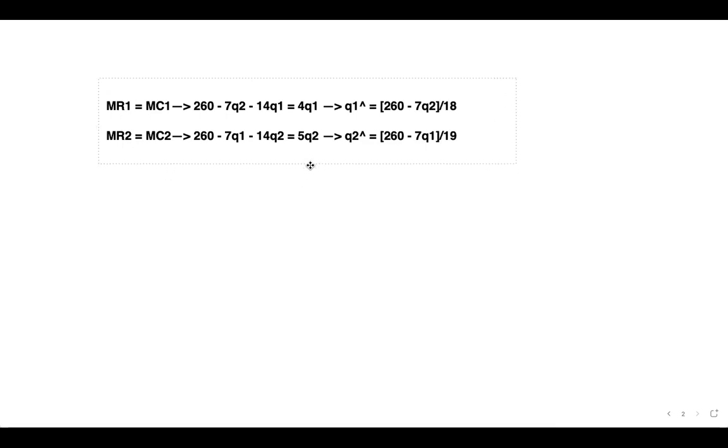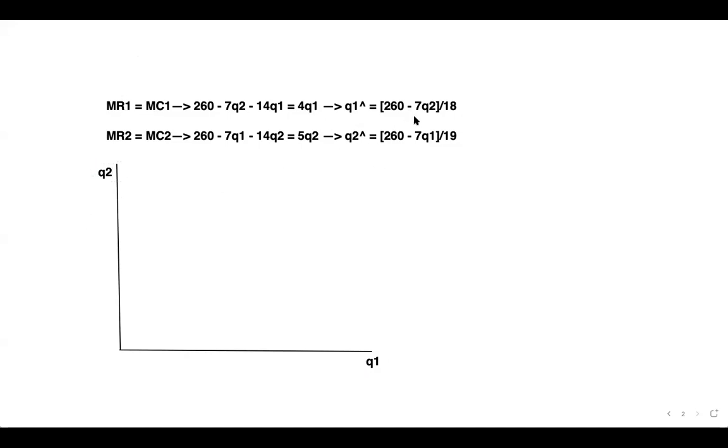But notice that we could actually graph these reaction functions, okay? And if we graph the reaction functions, usually the way that you would do it is you would label one of the axes the output for firm 1, and the other axis you would label as the output for firm 2.